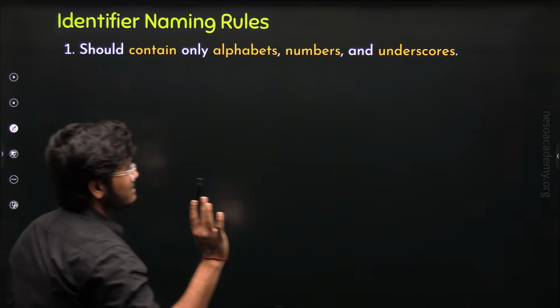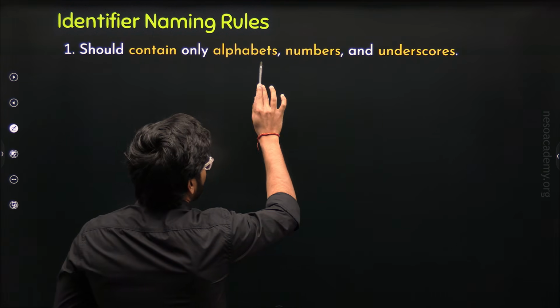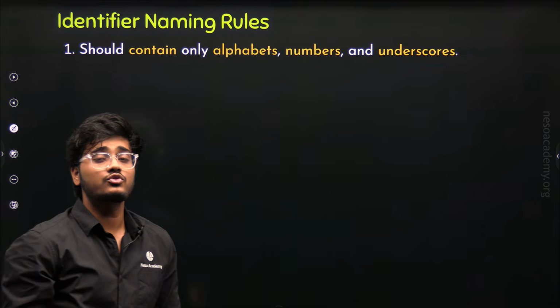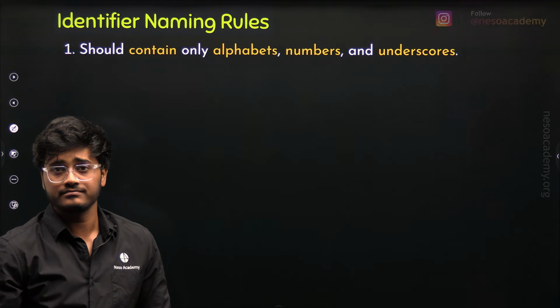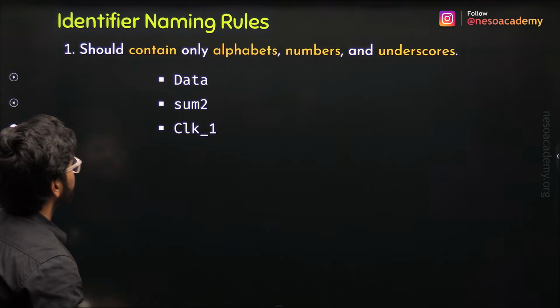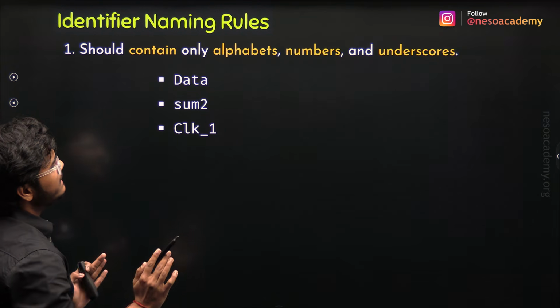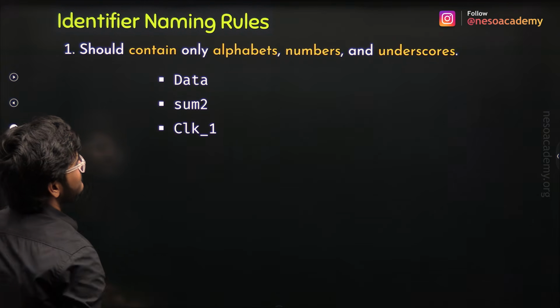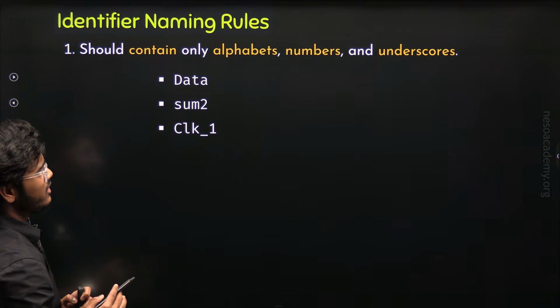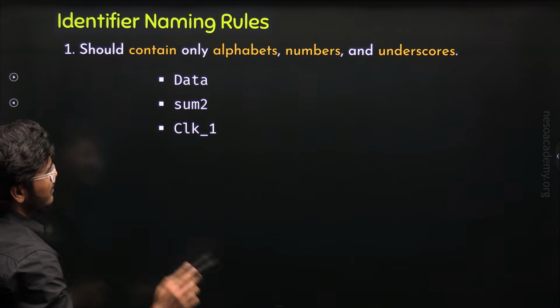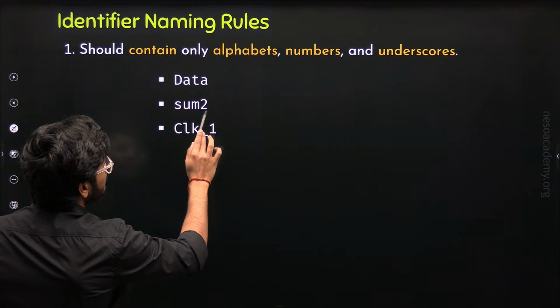underscores. That is, only alphabets, numbers, and underscores are allowed to create any identifier name. Example: this name, data, only contains letters. So, it is valid because it follows the first rule. The second example, sum2.